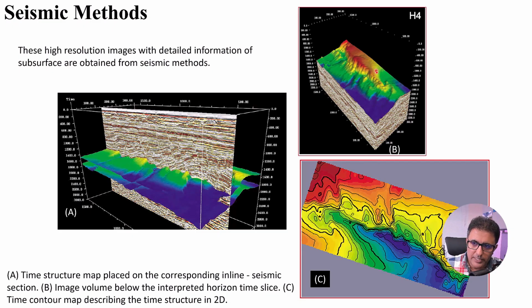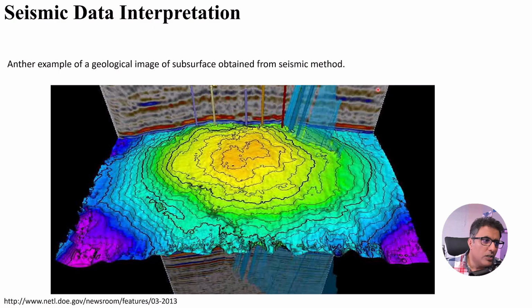You see a fault plane here, and this is the continuation of the fault that has been interrupted within this fault plane. Or here, you see an anticline that has been imaged by seismic imaging. And again, the seismic imaging can provide us with a detailed image of the subsurface.